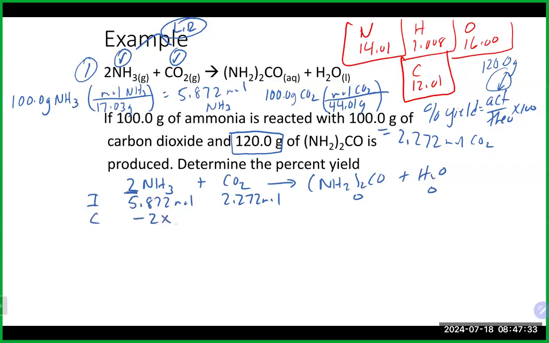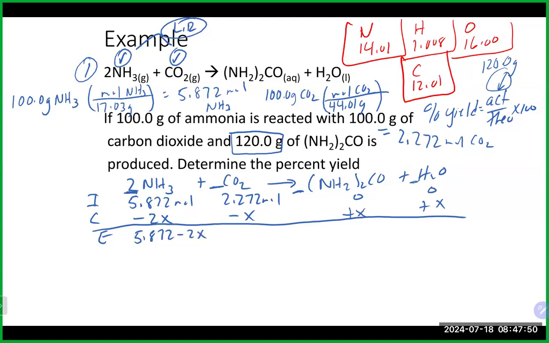So minus 2x there, coefficient here is 1, minus x, coefficient here is 1. This is going to be plus, though, on the other side, and this is also 1, which would be plus x. That means at the end here, we got 5.872 minus 2x, 2.272 minus x, x and x.